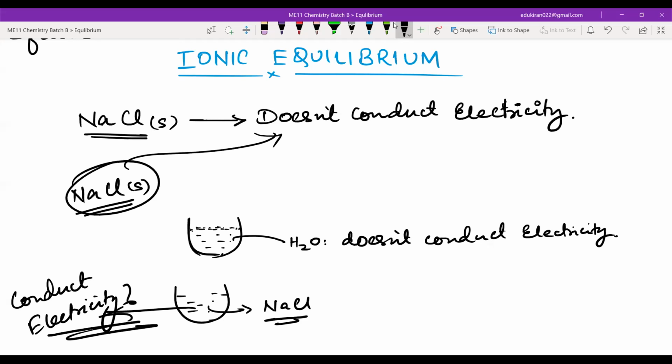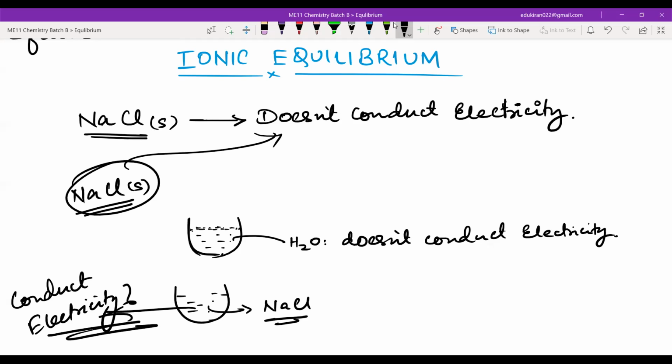Just think about it and try to imagine what would have been the state of the person who discovered this: if I take something which is not a conductor of electricity and the other thing is also not a conductor, but when I add both of these things, they start conducting electricity.